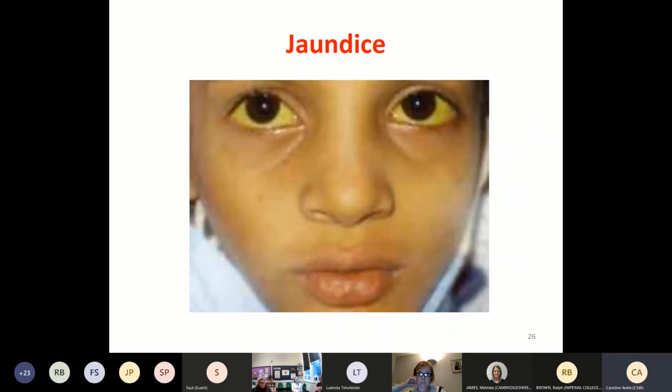Jaundice. Jaundice is another symptom seen frequently with sickle cell disease, and this is because of the rapid breakdown of the red blood cells, and the end product is usually bilirubin, and it causes yellowness of the whites of the eye and sometimes the skin, depending on how lightly colored they are.